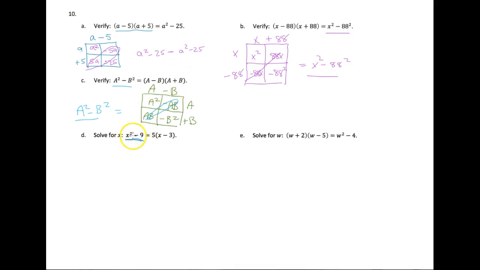So let's think about this. I'm seeing for negative 9, what I'm thinking is plus or minus 3. So I could factor this guy into x plus 3 times x minus 3 equals 5 times x minus 3.